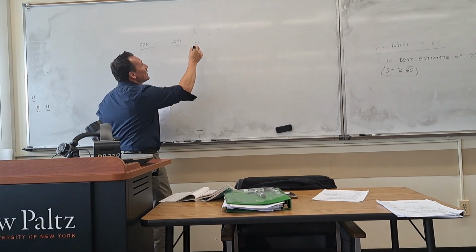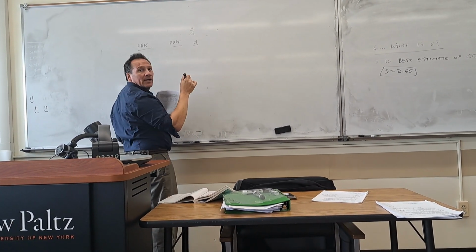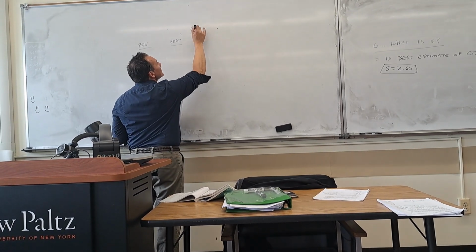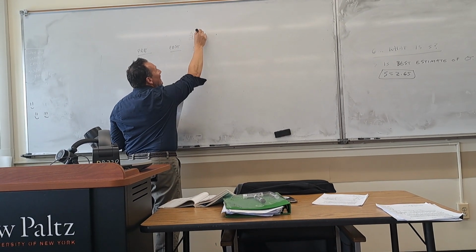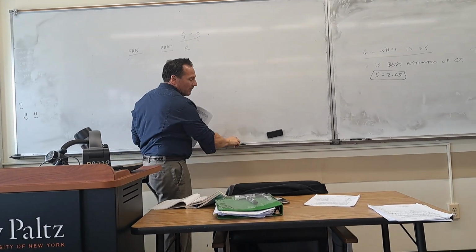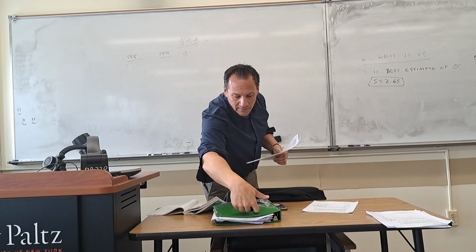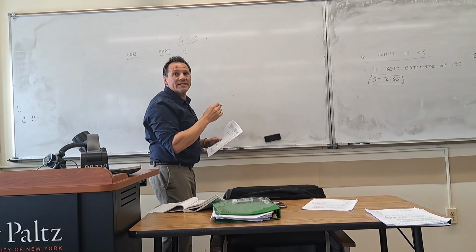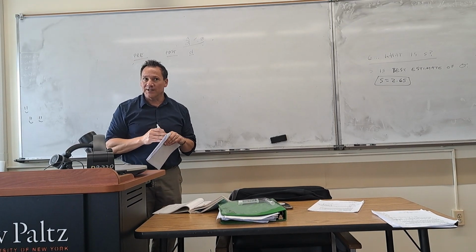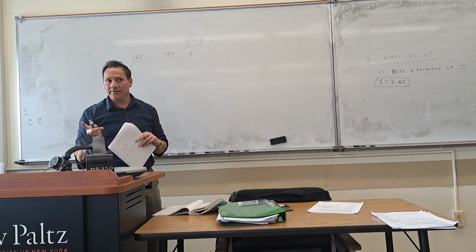If that's true, then D bar cap, our predicted average difference, is going to be negative. Because 1 minus 10 is negative 9. So the prediction is that the differences are negative.